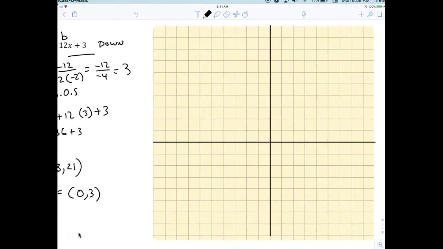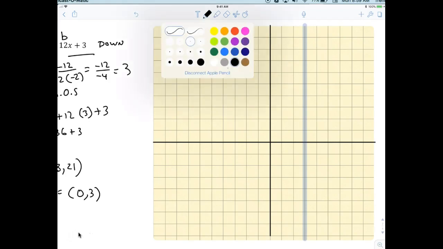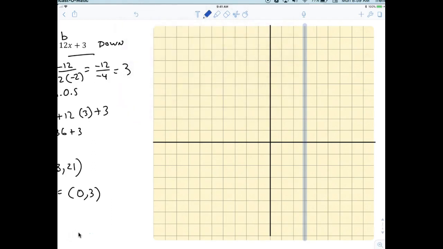First of all, x equals 3. Let's go ahead and draw that. And that is the axis of symmetry. Is everybody good with that? As everybody can see, there's no point to count up to 21. So I'm going to come up here and put a point right here, and mark it.